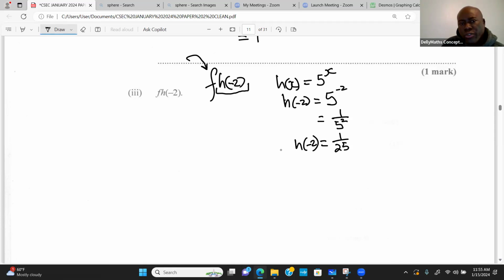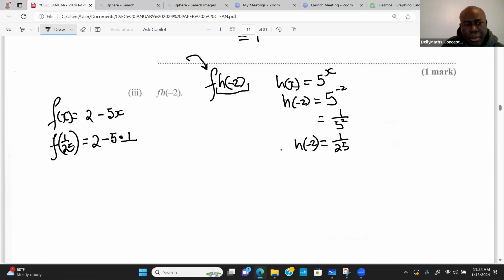Now I'm going to plug 1 over 25 in the f function. So let us write the f function over here. f of x is equal to 2 minus 5x. So if I'm going to do f of 1 over 25, then I'm going to put 1 over 25 in the f function, multiplying it by 5.